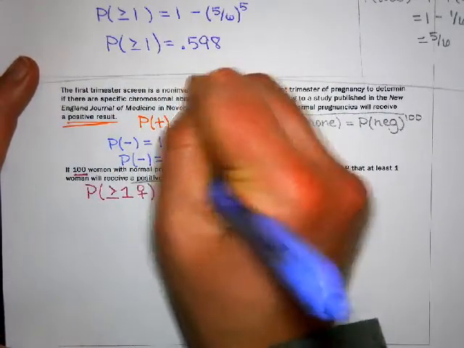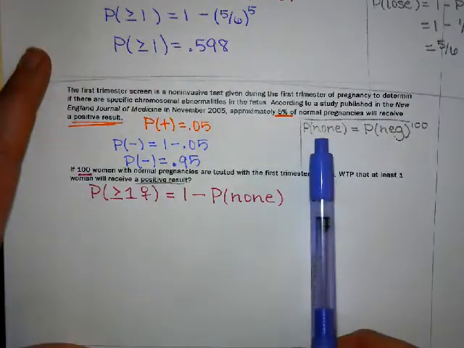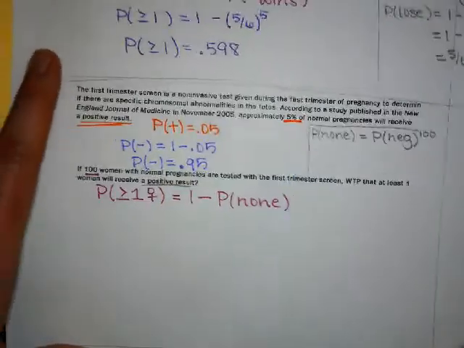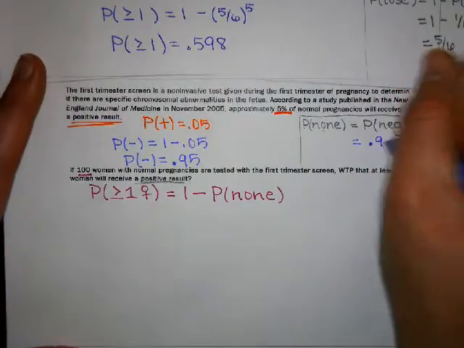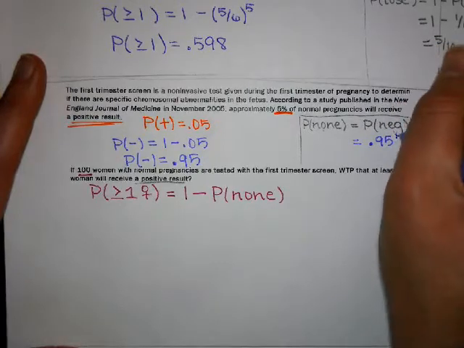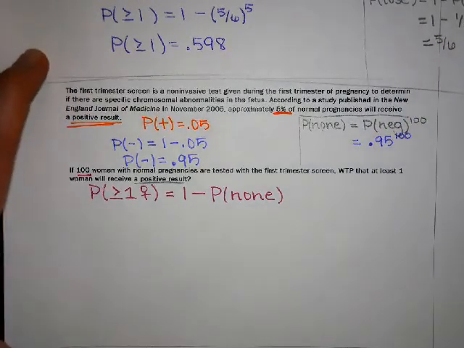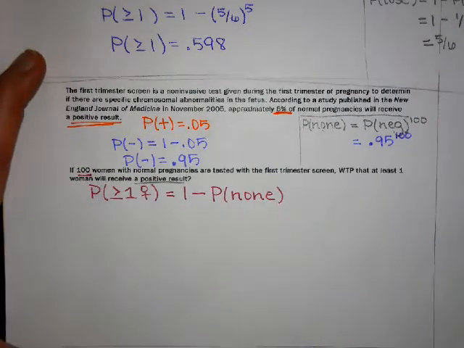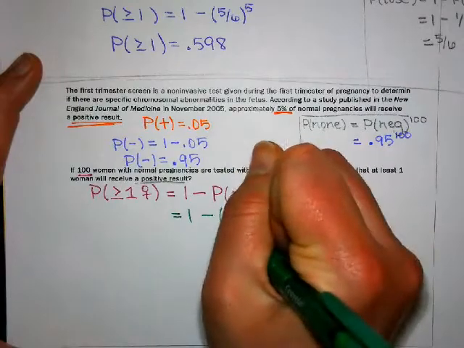So the probability that none of the women get a positive result would be the probability that they get a negative to the 100th power, because we're looking at 100 women. So we would have 0.95 to the 100th power.